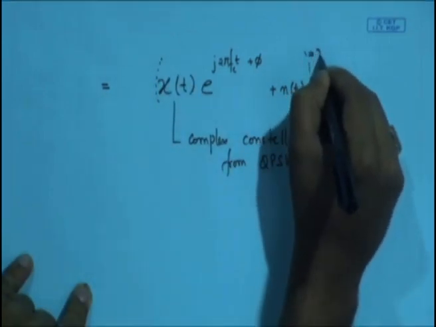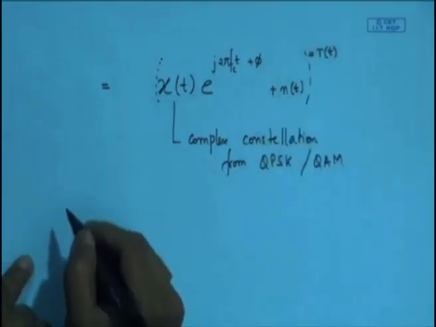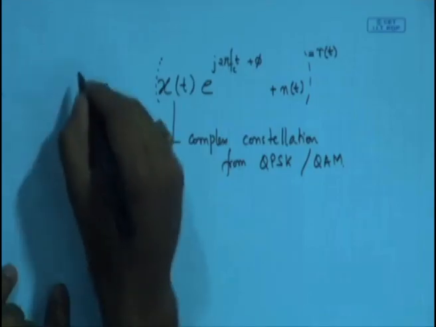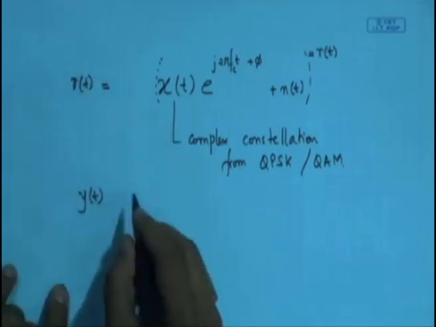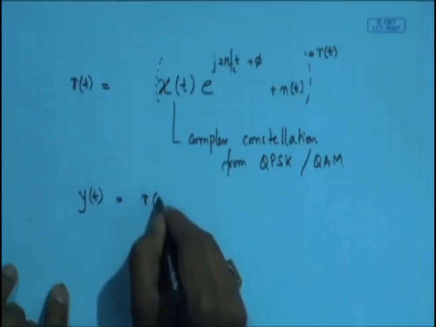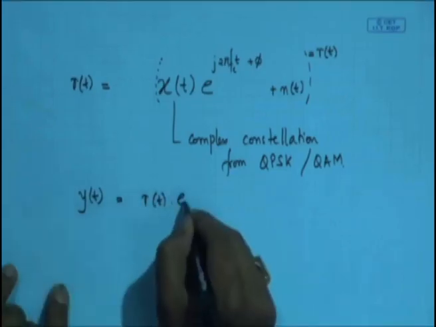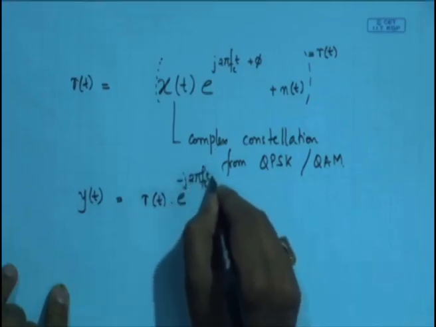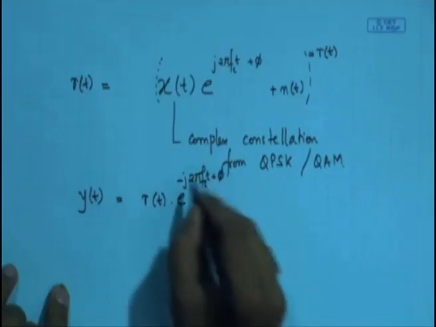This whole thing could be written as r of t, right. So, when we reconstruct the signal at the receiver, we could say y of t is equal to r of t multiplied by e to the power of minus j 2 pi f_c t plus phi.